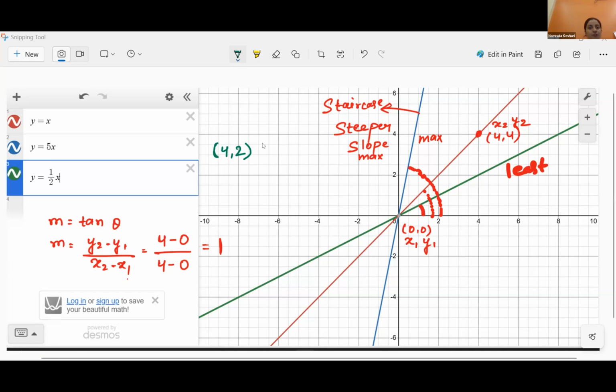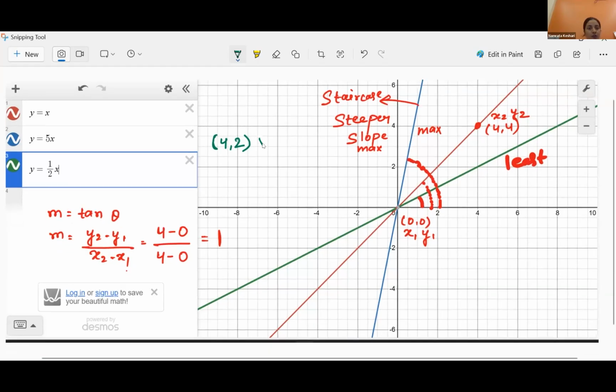So 4 comma 2 is one of the points on the green line. We have just now checked in the graph paper with the help of the software. We have found that 4 comma 2 is a random point on the green line and 0 0 is a point on the green line because the green line is also passing through the origin. Now if we find the slope y2 minus y1, you can take this one as x1 y1.